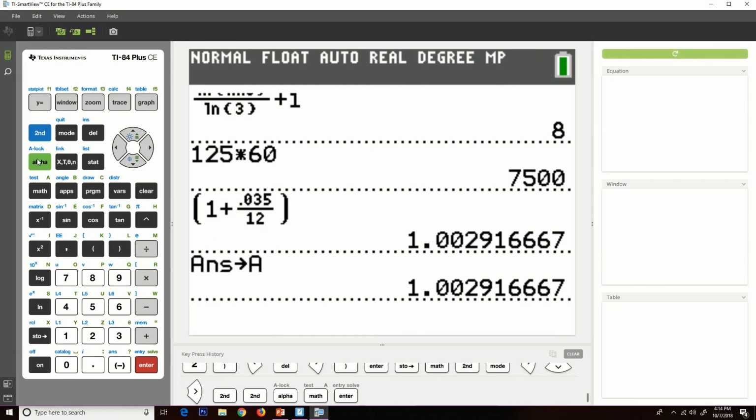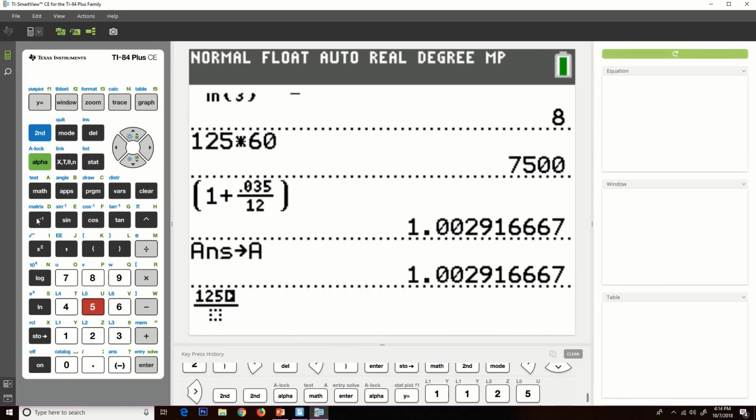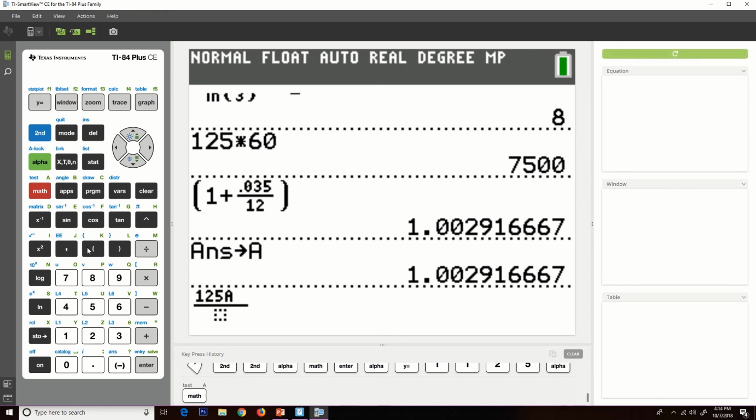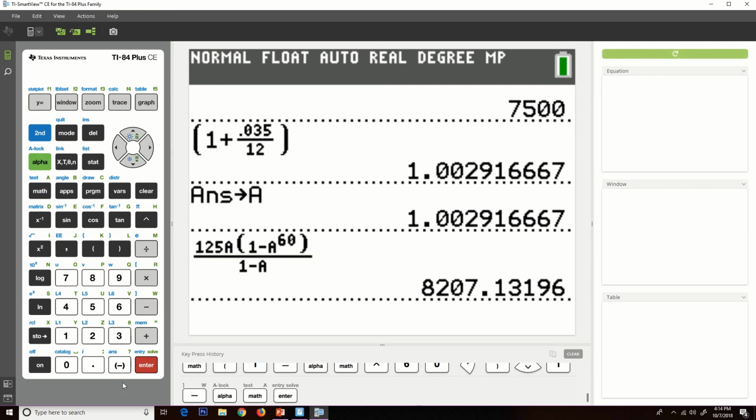So let's do that. Alpha fraction, 125, and then alpha A, parenthesis, 1 minus alpha A raised to the 60th power, and then all over 1 minus alpha A. Calculate that. So $8,207.13.